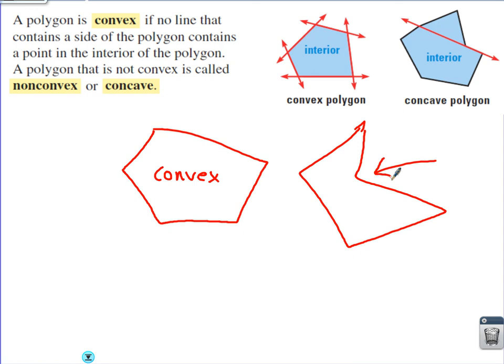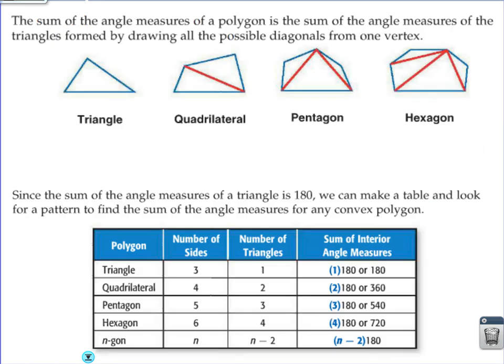Because one side is caved in. That's how I remember it. Looks like it's been hit with a ball bat, right? Anytime you have a concave polygon, you've got a caved in side. And you see that here. There's a caved in corner of it. So you have convex versus concave. Make sure that you know the difference between those two. Convex versus concave.